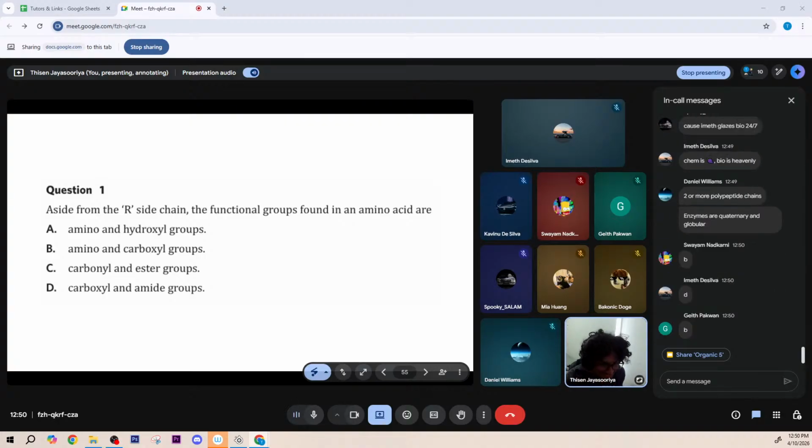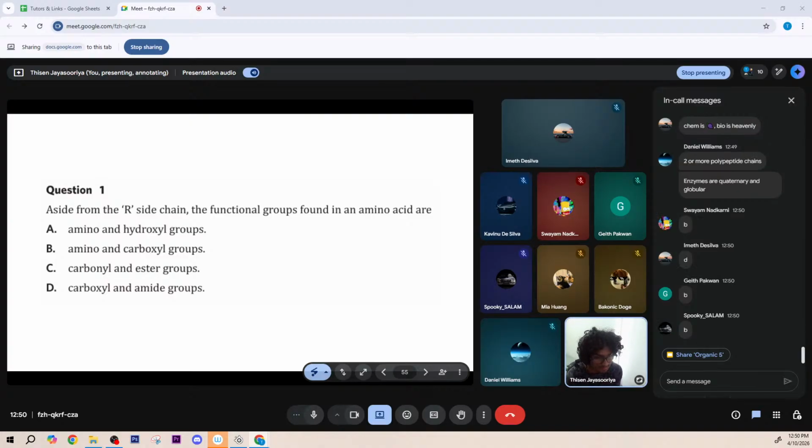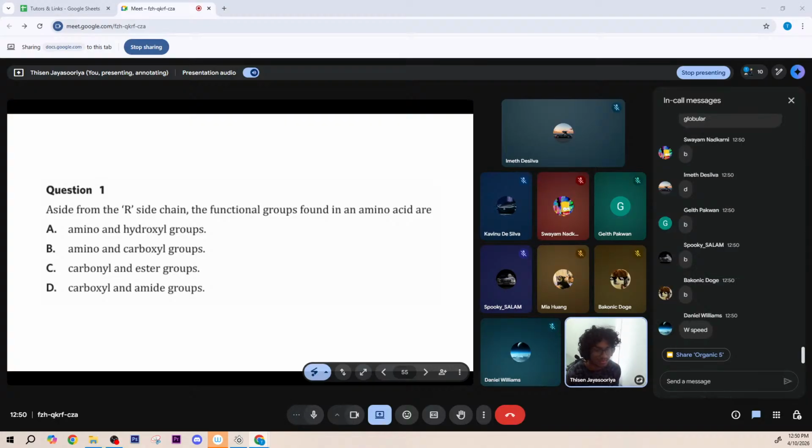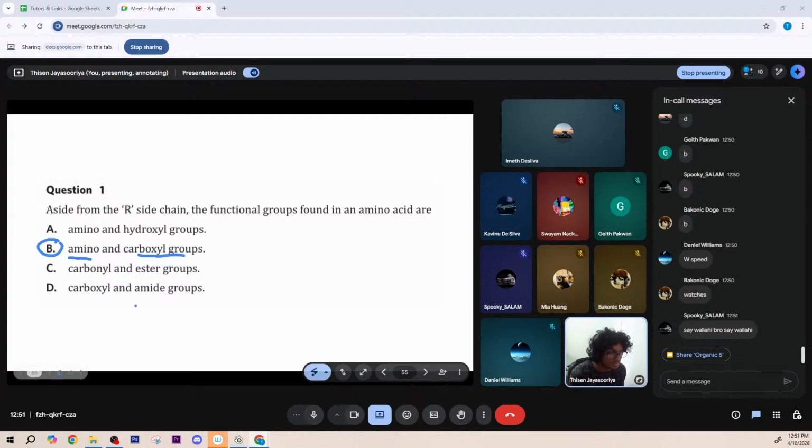Speed up. You gotta get that speed. So we have one person saying D. Here, the answer is B. All amino acids have an amino group and a carboxyl group. They will contain an amide group once they are polypeptides, but they won't contain it when they are amino acids.